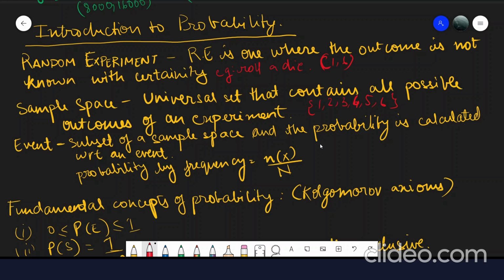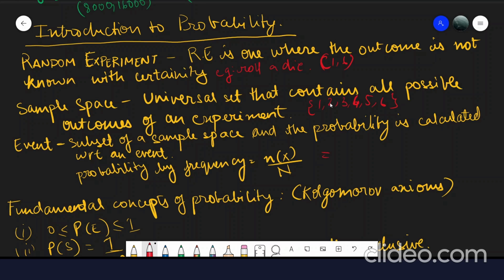And then we take an event. An event is a subset of a sample space, and the probability is calculated with respect to an event. So I can take an event such as, what is the probability that I get a number less than 3? In which case we can find the probability by frequency.